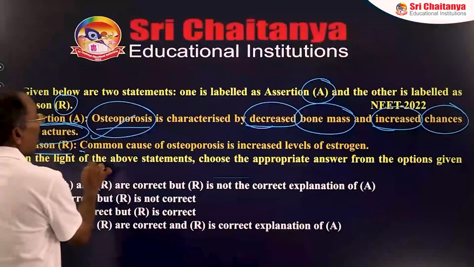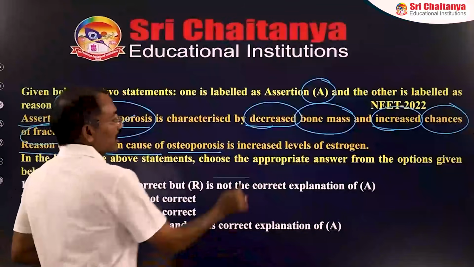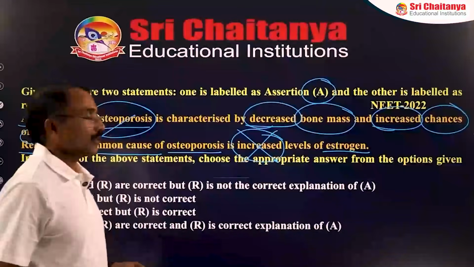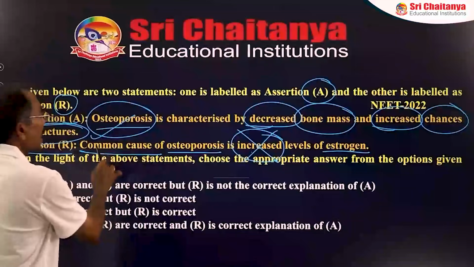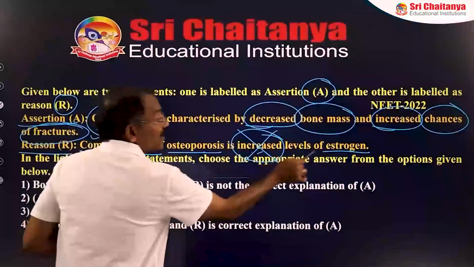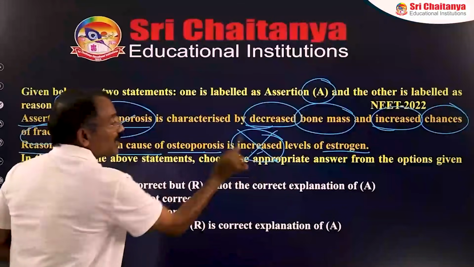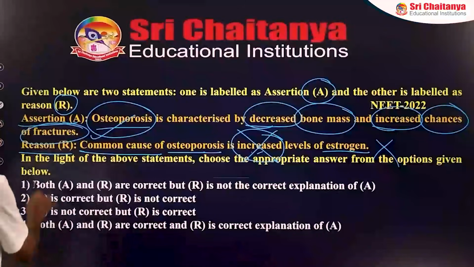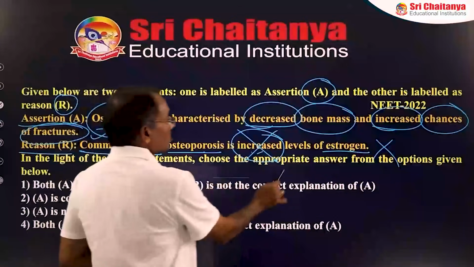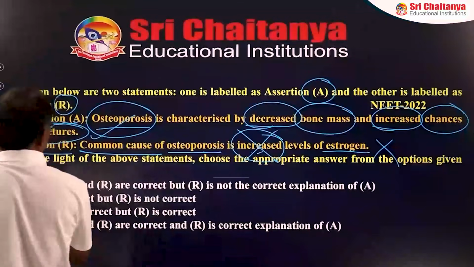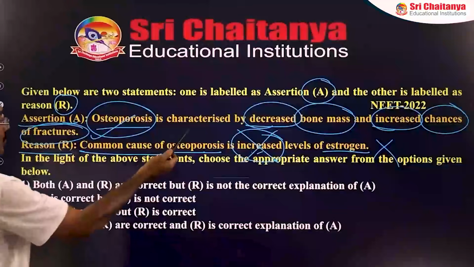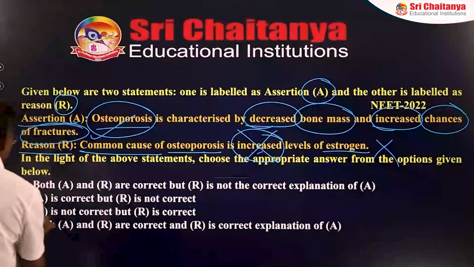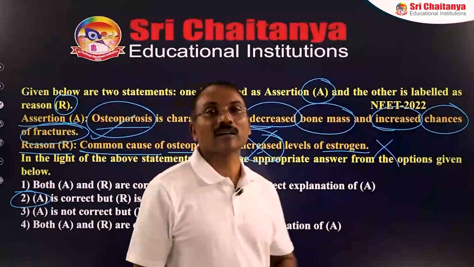Reason: common cause of osteoporosis is increased levels of estrogen. It is wrong. The common cause is decreased levels of estrogen, but not increased levels. So assertion is true, reason is false. A is correct, but R is not correct. Second option is the correct option.